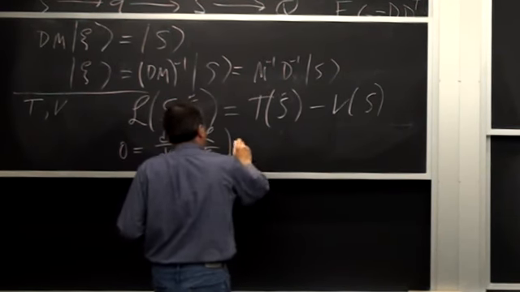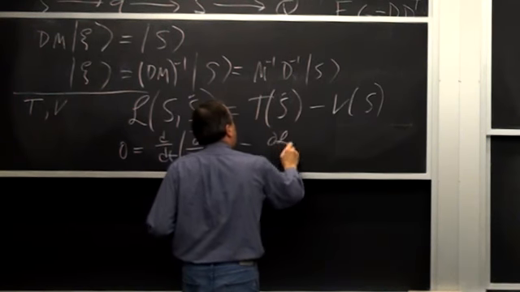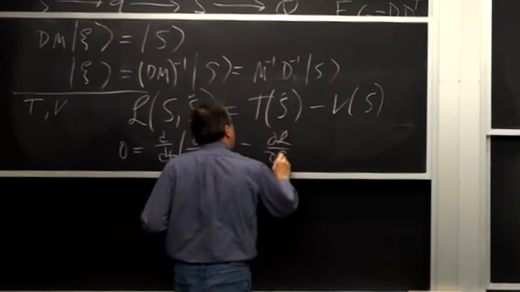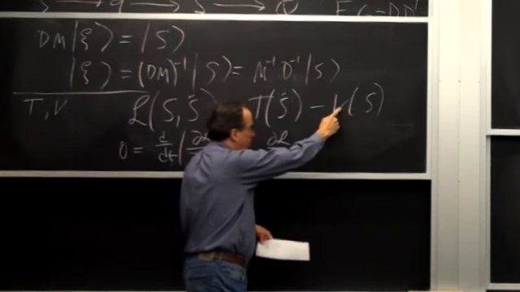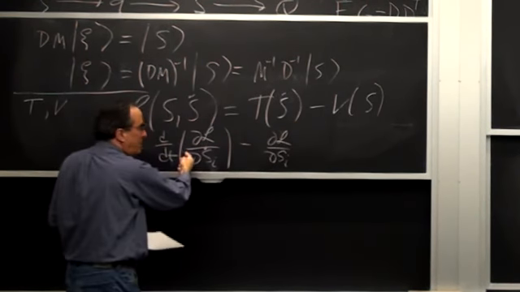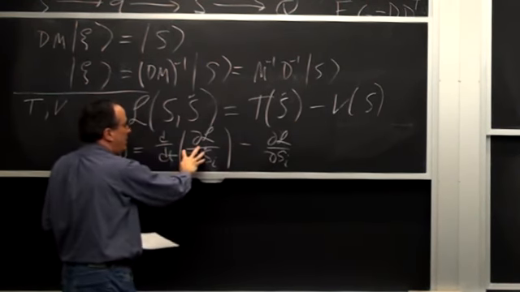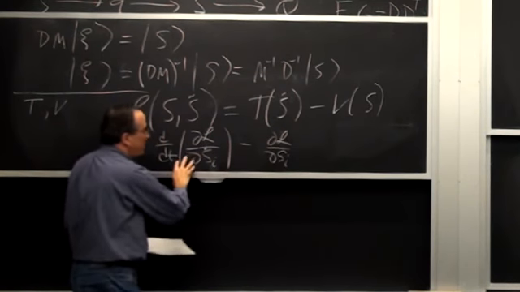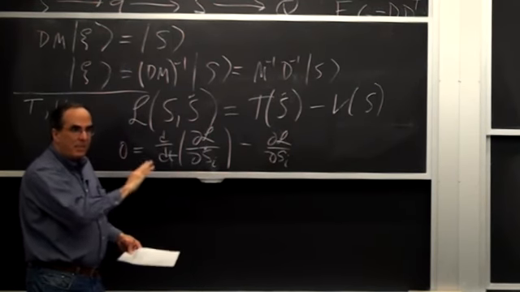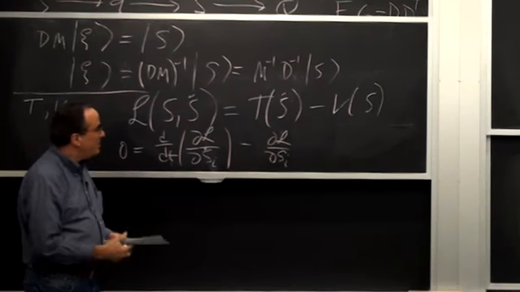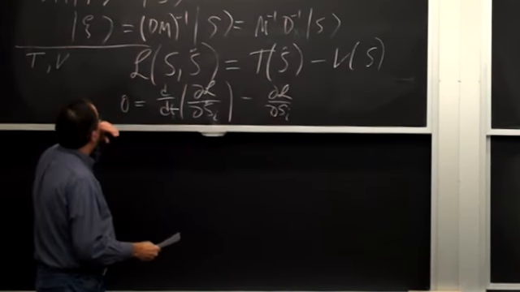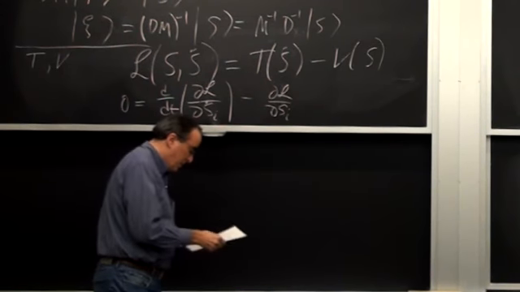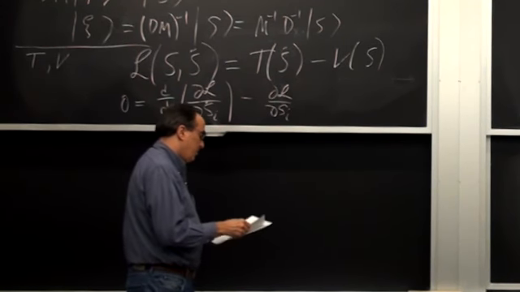And then we have the partial of the Lagrangian with respect to coordinates, and this is clearly the potential energy. So we have two terms, kinetic energy, potential energy. This is the same thing as F equals ma, but written in fancy language, and that's good. And so these are the things that we're going to be trying to manipulate.